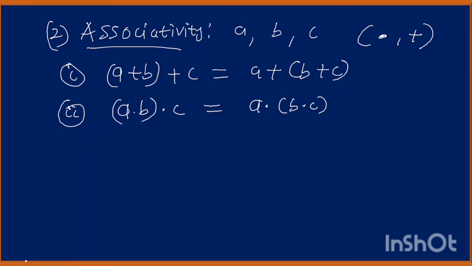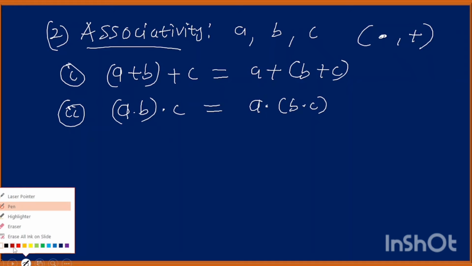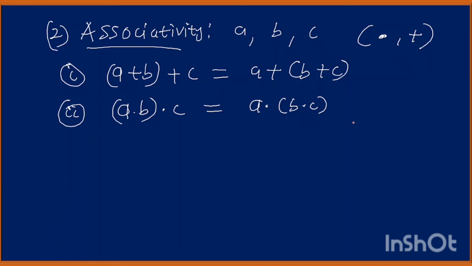So let us choose any numbers of our choice. Let us say A is equal to 1, B is equal to 2, and C is equal to 3. Let us try on our own to substitute those numbers and see if the left hand side will actually be equal to the right hand side.